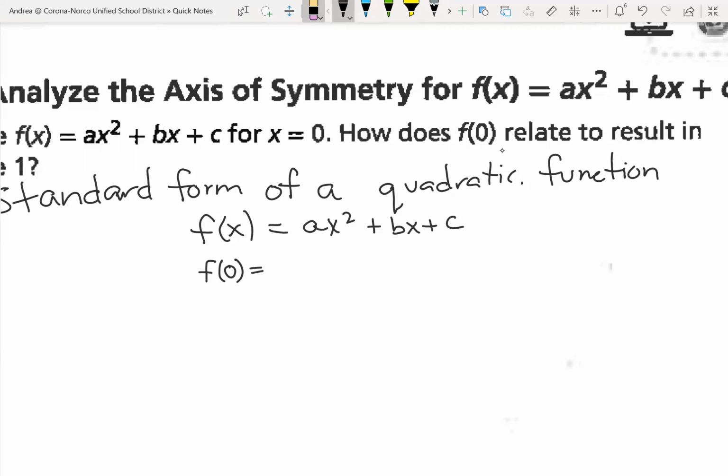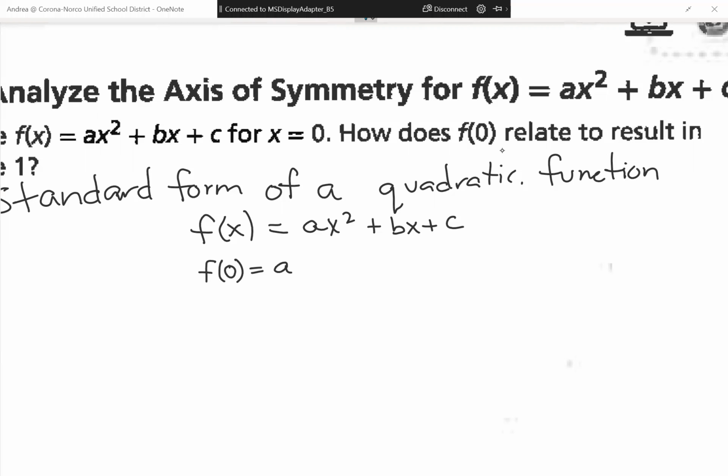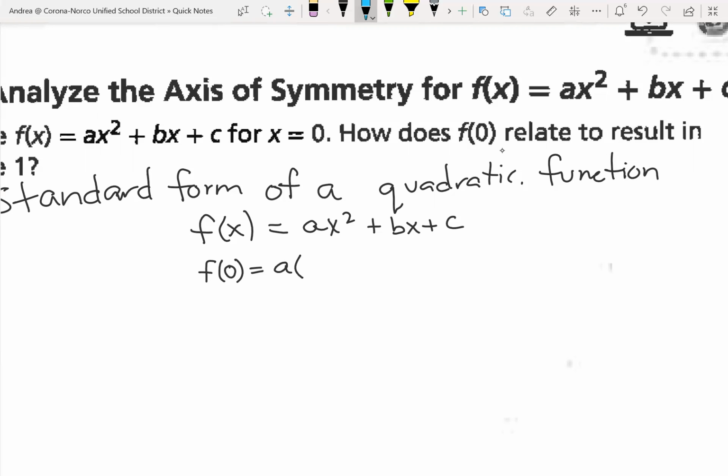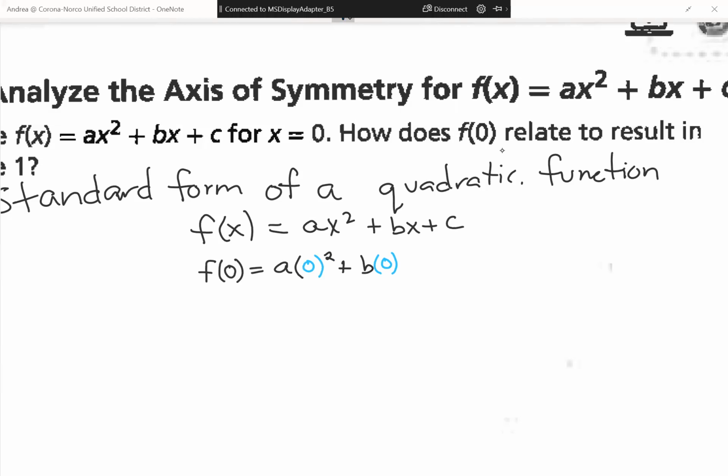Will not let me write. Not good. It thinks it's an eraser. There we go. a times 0 squared plus b times 0 plus c.